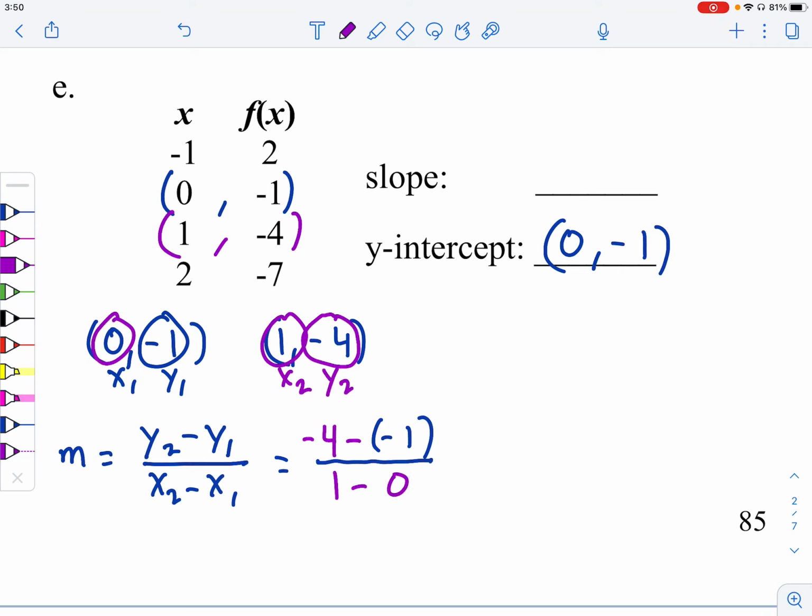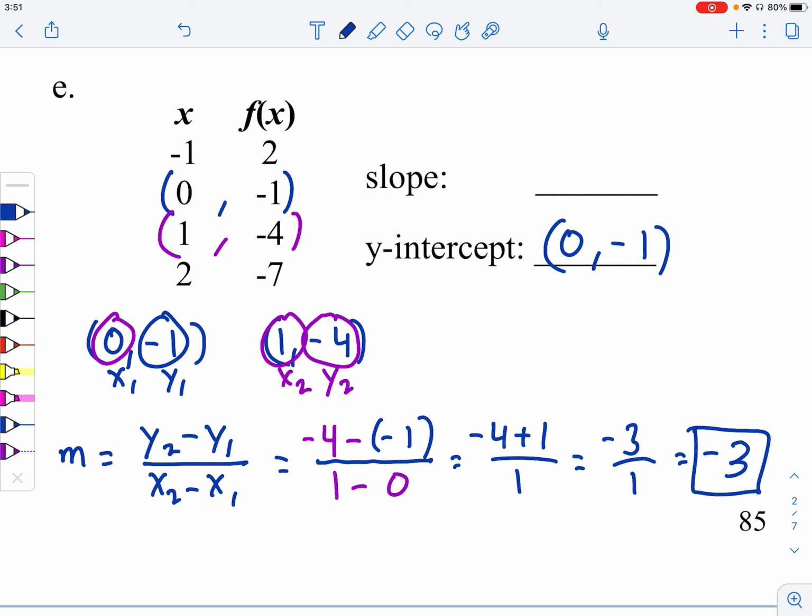And then the two negatives is always addition, so -4 plus 1 over 1 minus 0, 1. So -4 plus 1 is -3 over 1, which is -3. So our slope is -3.